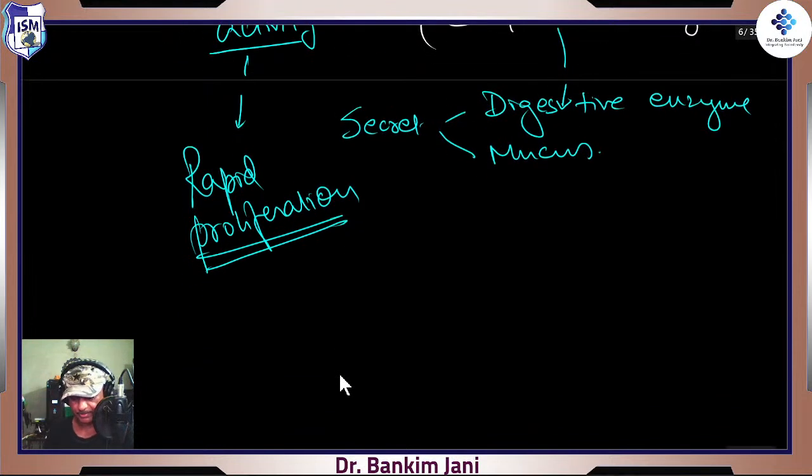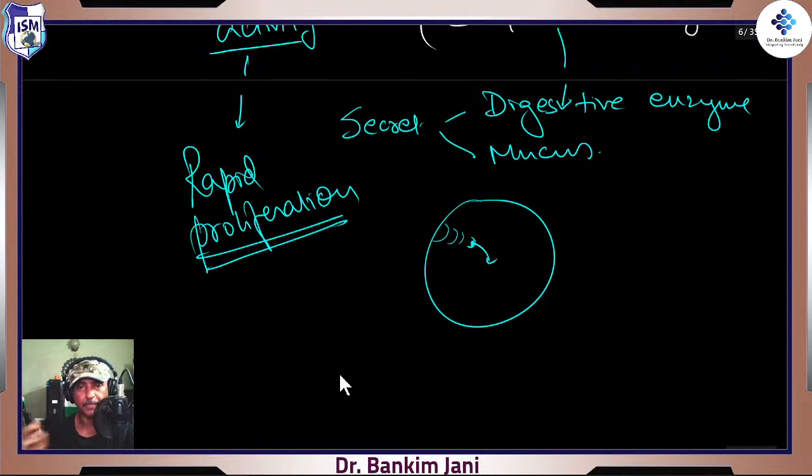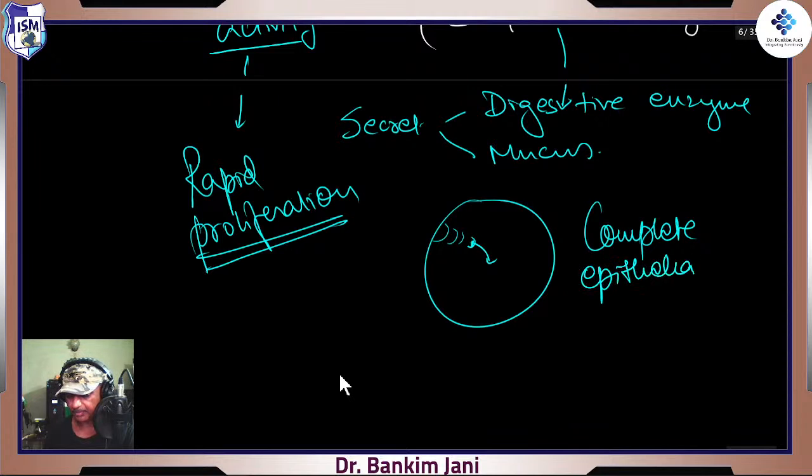So if this is the lumen, these cells keep on growing, and then those cells which are on the tip are put into the lumen. So cells are shed off from the tips. That's the reason that the complete epithelial lining is replaced every 2 to 3 days.